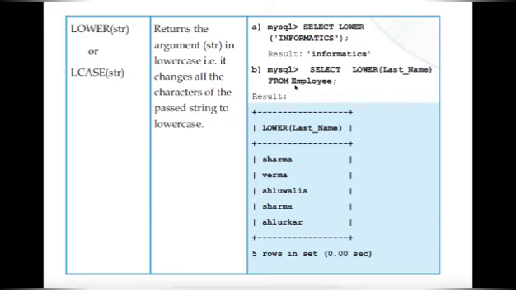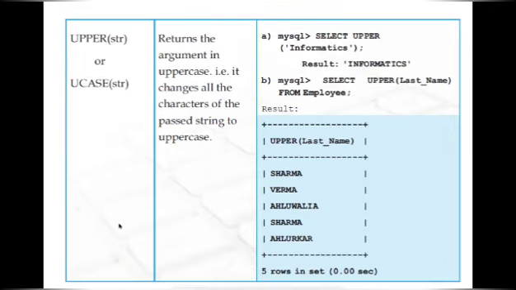As in this example query, we are referring to the employee table and we have passed the last name column as parameter. So what will this lower function do? It will convert all the values in the column last name to lowercase. As you can see in the output, all the values which were there in the last name column are converted into small letters.